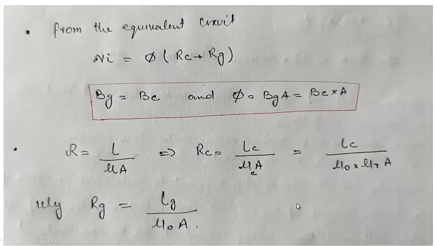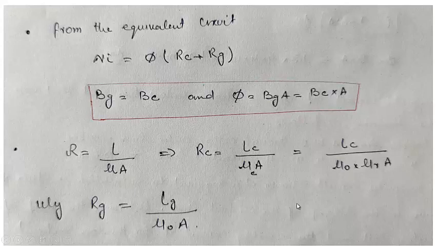So now reluctance is equal to L, that's the length of the core in which flux will flow, divided by mu into A. So for Rc it will be equal to Lc divided by mu c, the permeability of the core, multiplied by area. In this case area will be the same, and it will be equal to Lc over mu naught mu r into A. Mu r will be the relative permeability of the core.